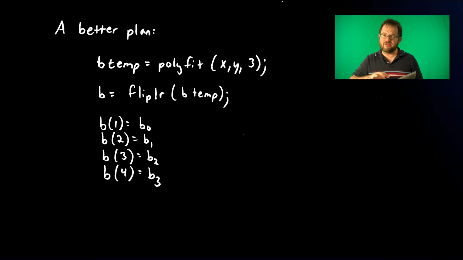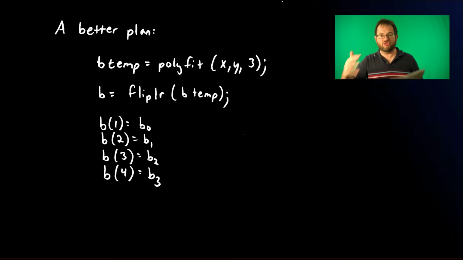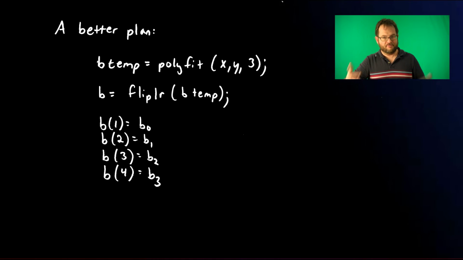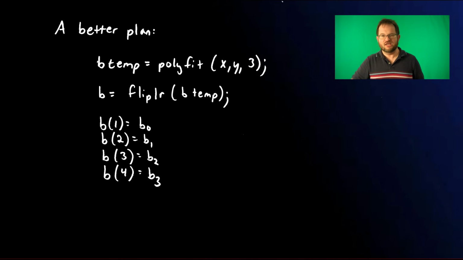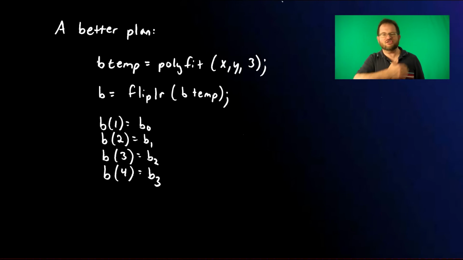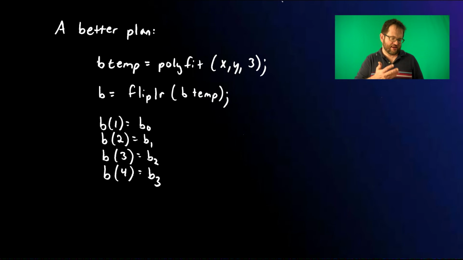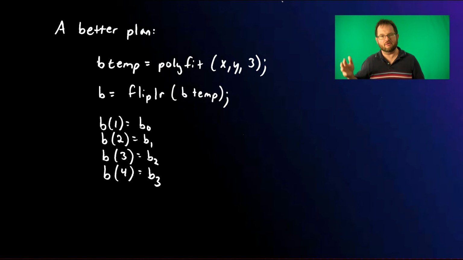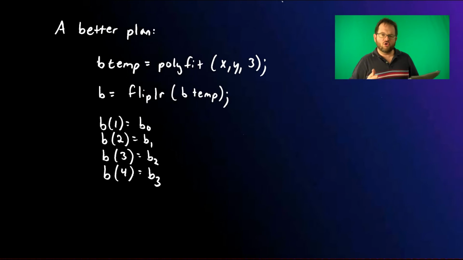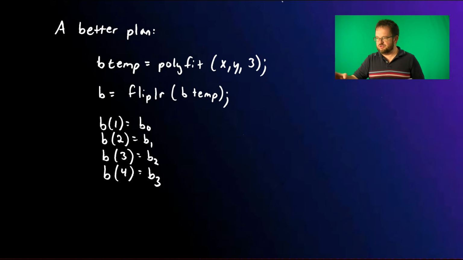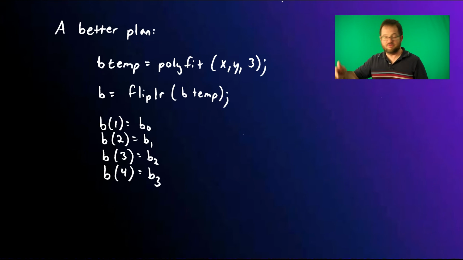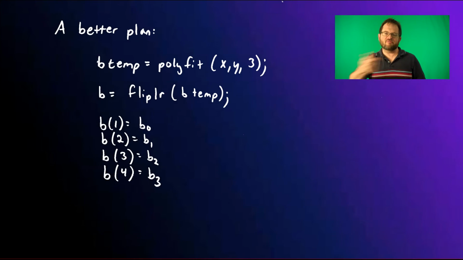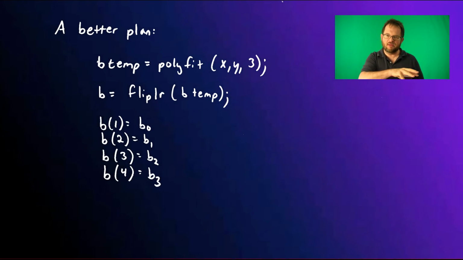You still use our polyfit command where we're doing a third order best fit to the pairs of data in X and Y, just like we did before, but let's stuff it into a different variable with a different name. I just tried btemp, for temporary. So polyfit will compute all of these B0, B1, B2 terms, and it'll stuff them into this new array btemp.